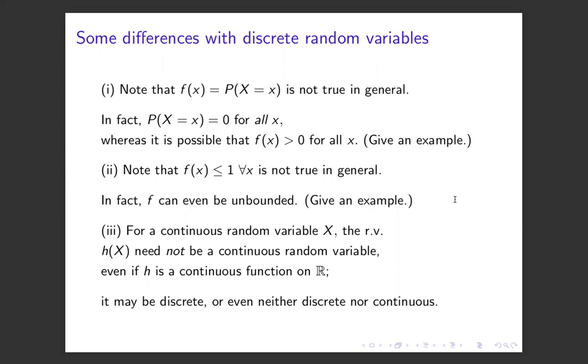For example, if x has a standard normal distribution and h of x is x squared, then you know what the distribution of x squared is. But in general, it may be discrete or even neither discrete nor continuous.